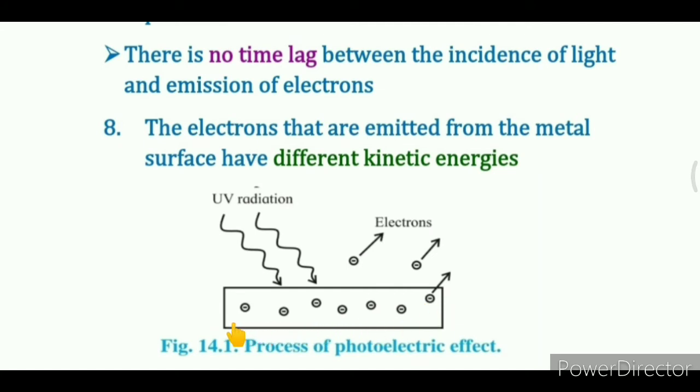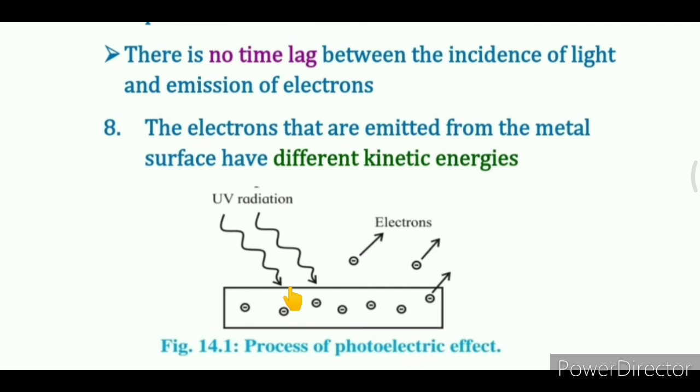When the photon interacts with electrons situated in the interior part of the material, these electrons will absorb all the energy given by the photon. But before leaving the metallic surface, some amount of the photon's energy, h nu, will be utilized to bring the electron to the upper surface.